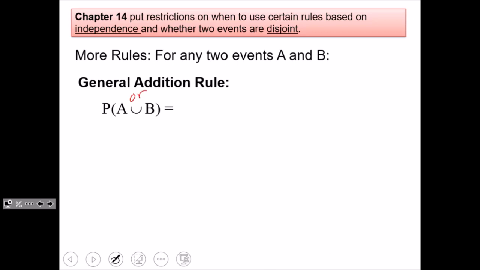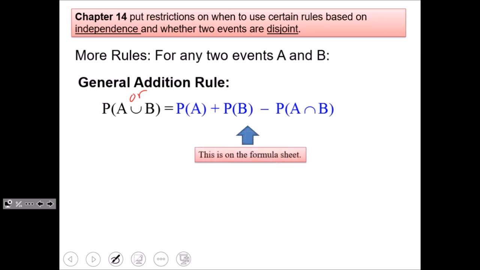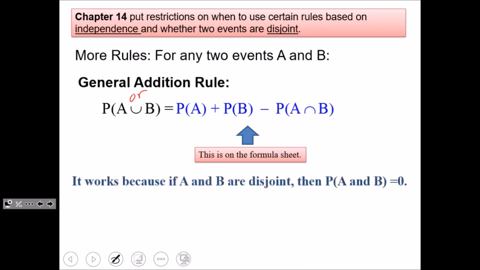Probability of A or B equals the probability of A plus the probability of B minus the probability of both of them happening at the same time. Now, when they're disjoint, by the way, you get this on the formula sheet, exactly how it's shown. This works because if A and B are disjoint, then A and B was 0.